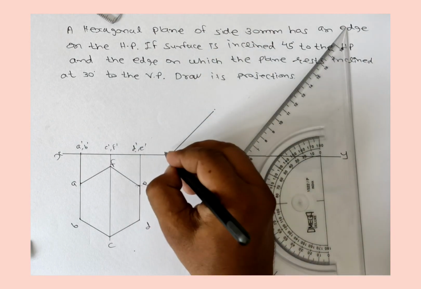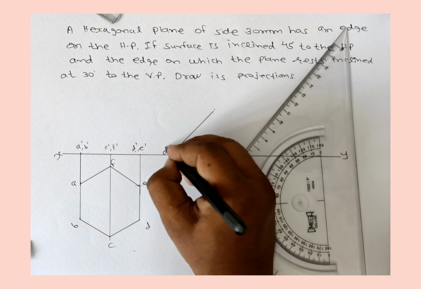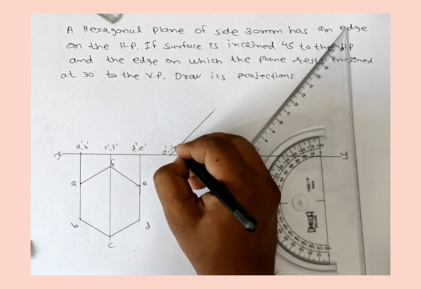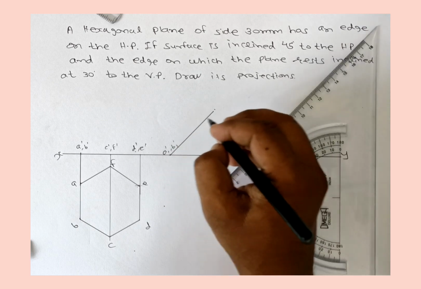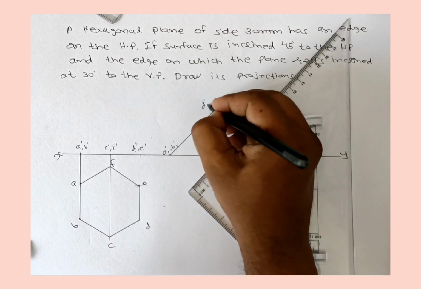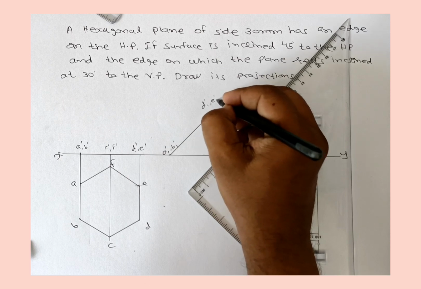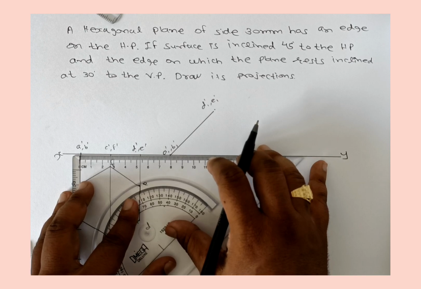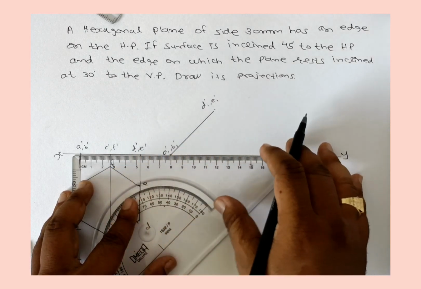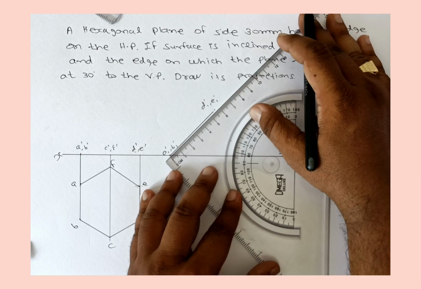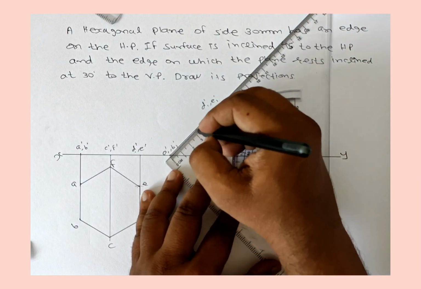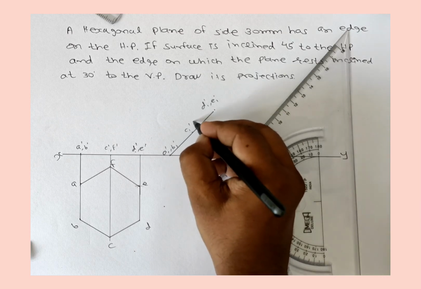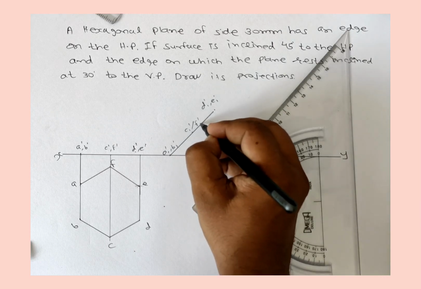Okay, here you can write down A dash 1, then B dash 1 and D dash 1, E dash 1. And this is the center 27.5, C dash 1 and F dash 1.